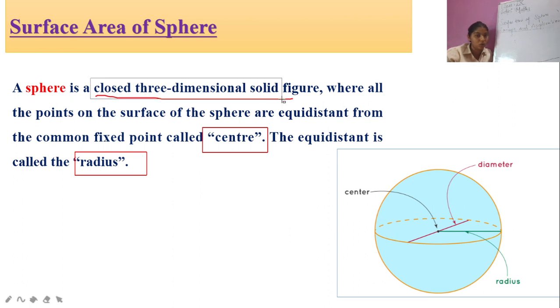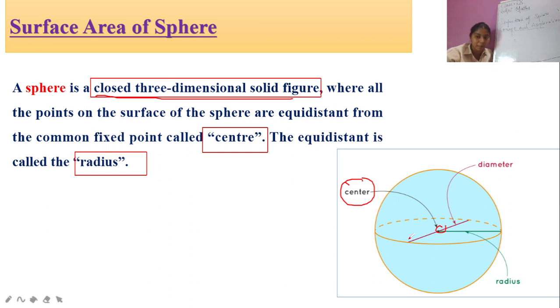This is a closed three-dimensional figure. Students, just see on the right hand side there is a figure representing a sphere. Do you see the center point? Let me circle it. This is the center.